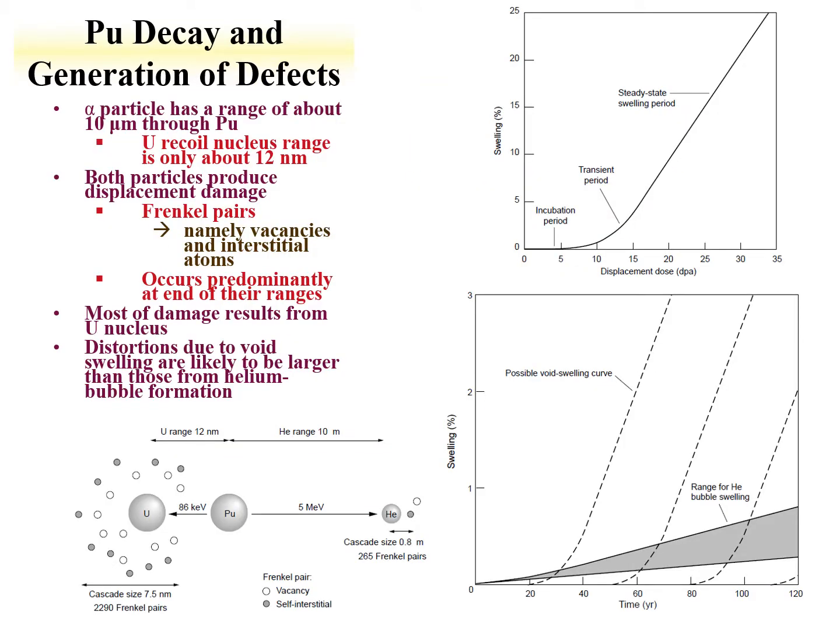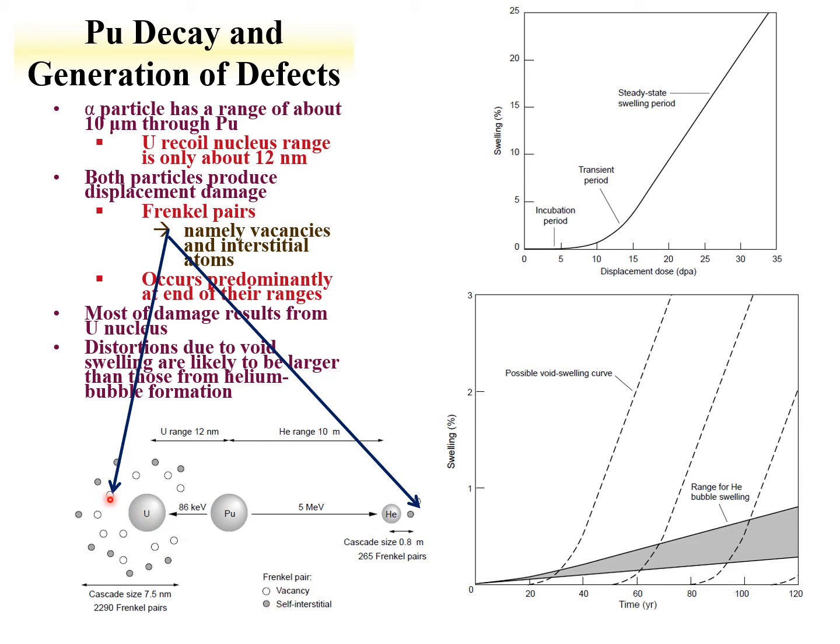And here's an example of some radiation damage. We have an alpha particle, which has a range of about 10 microns through plutonium metal. The uranium recoil is much, much smaller, 12 nanometers. Frenkel pairs are formed through this, where you have vacancies and interstitials.